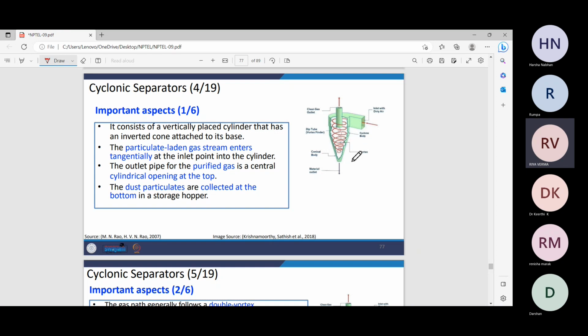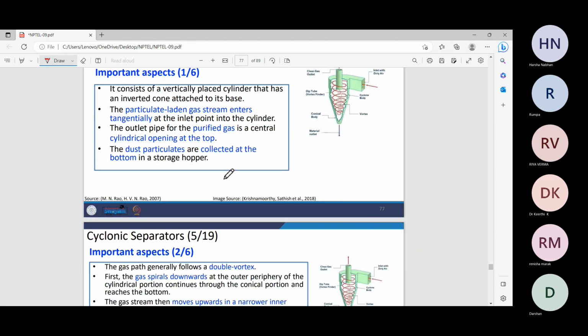It enters tangentially into the cylinder, and the outlet pipe for the purified gas is a central cylinder opening at the top, which lets the clean gas come out of the chamber. The dust particulates are collected at the bottom in a storage hopper. This is your storage hopper, which is there at the bottom.